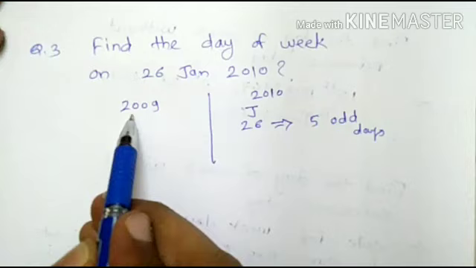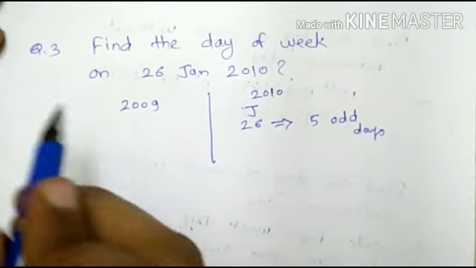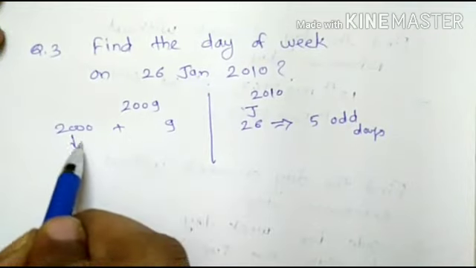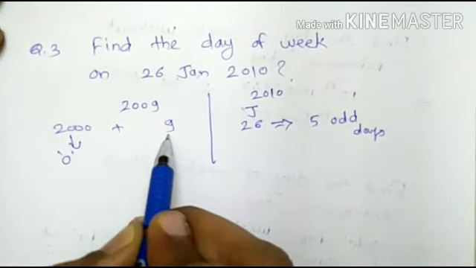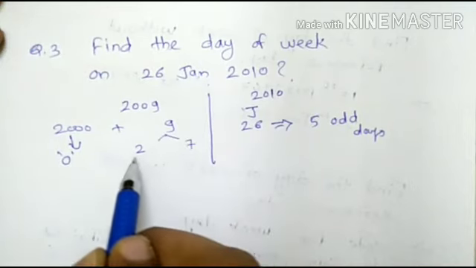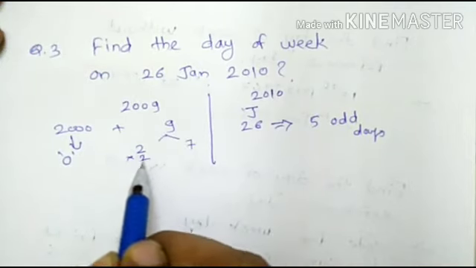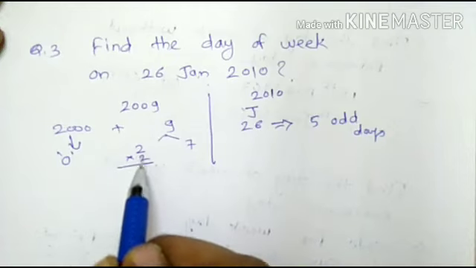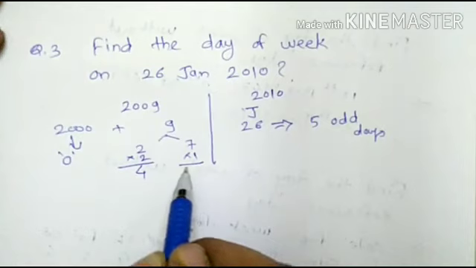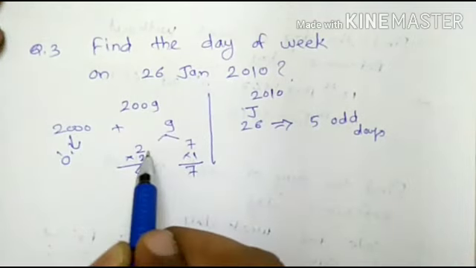Next, we can write 2009 as 2000 plus 9. In 2000 there are 0 odd days. In 9 years there are 2 leap years and 7 non-leap years. 1 leap year has 2 odd days, so 2 leap years have 4 odd days. 1 non-leap year has 1 odd day, so there are 7 odd days.